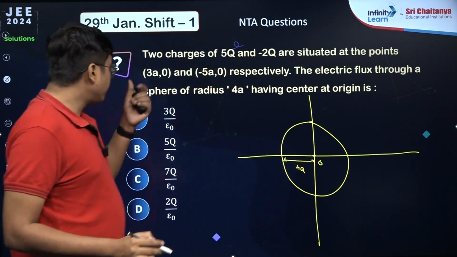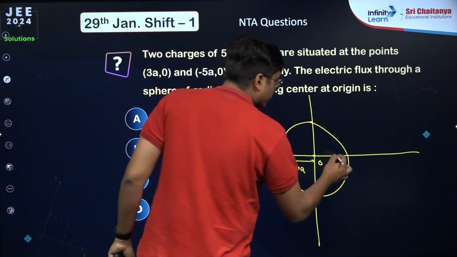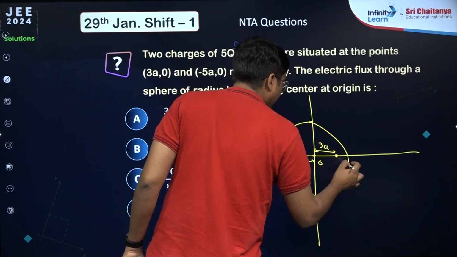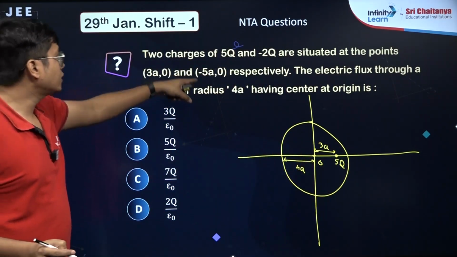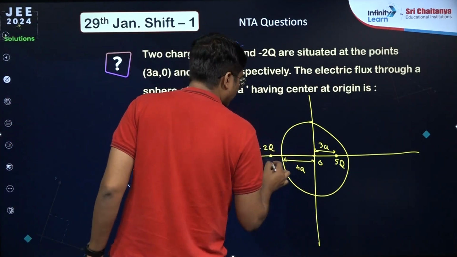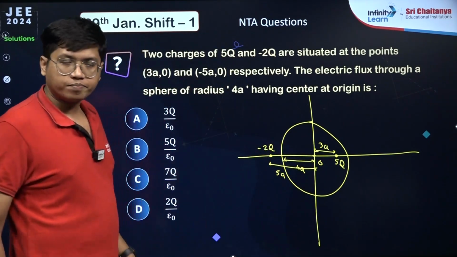Now if you plot the position of the points, you will see 5q is at a distance 3a, and minus 2q is at a distance of minus 5a, over here.